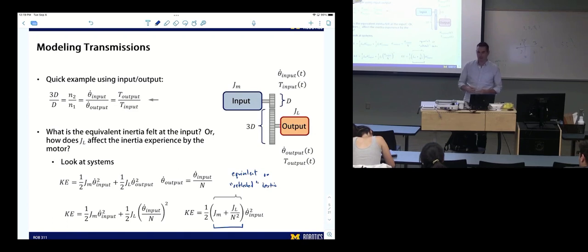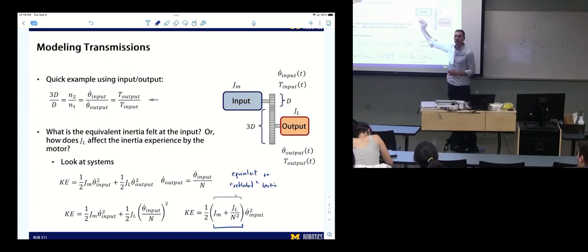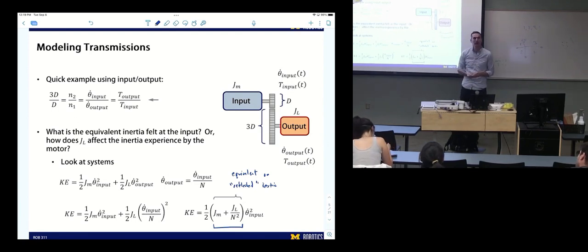The same rationale would apply to any mechanical property on the input or output. So it's not just mass or rotational inertia, but if there was a spring here or a spring here, that would affect its constant. If we were looking here and there's a spring here, we would see the stiffness divided by n squared, just like inertia.